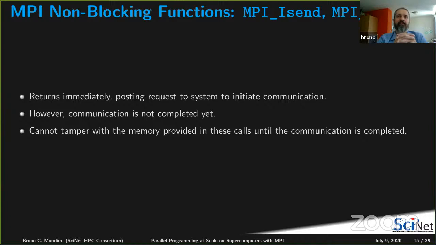You should not touch those buffers before the communication is complete, okay? Otherwise, you're going to have an error. If you modify the data in that buffer while it is being sent, maybe part of that data is going to be sent modified, right? Which is not what you want.